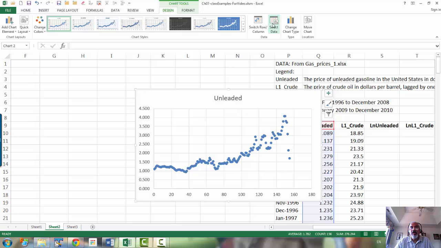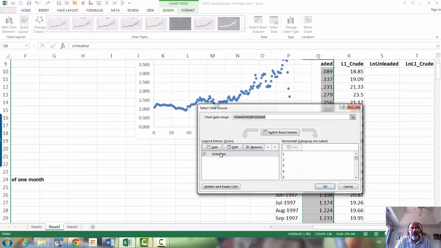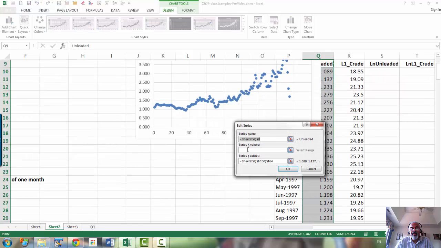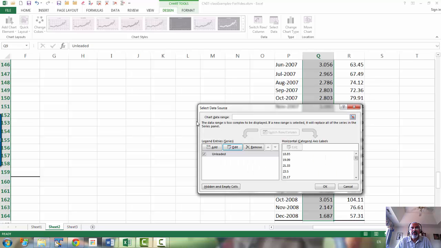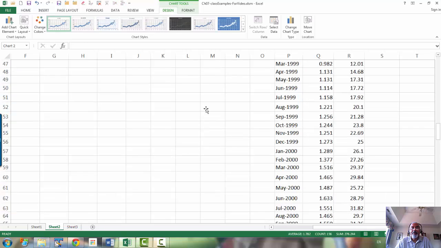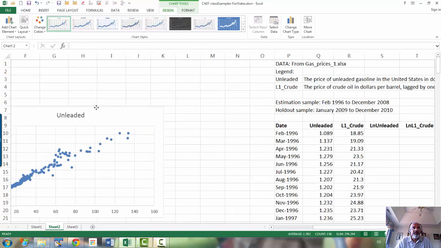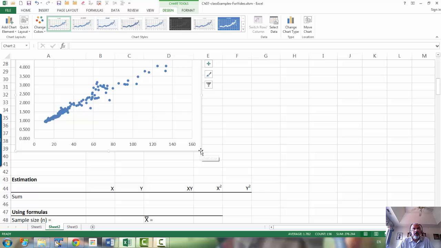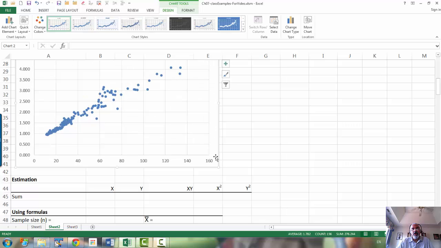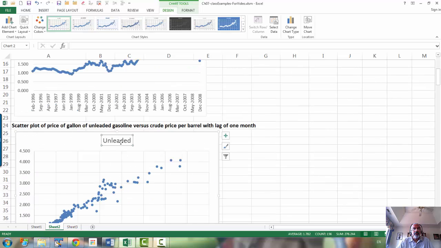Then you go to select data, edit, and add the x values, which is the crude price, the 1 month lagged crude price. Now we click OK.